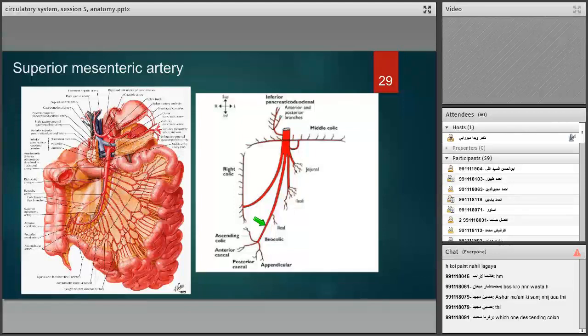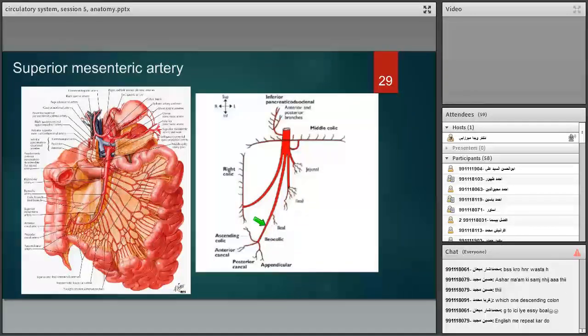No, here we don't have a branch for descending colon. The superior mesenteric is just supplying the blood for the small intestine, ascending and transverse colon. Okay? One of the branches is the ileocolic, which is supplying the blood for the appendix, for the cecum, and also a part of ascending colon.